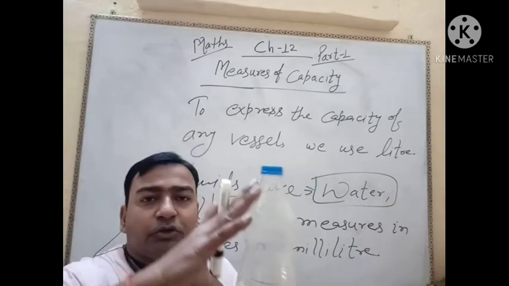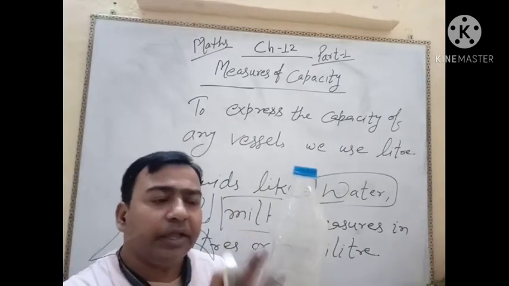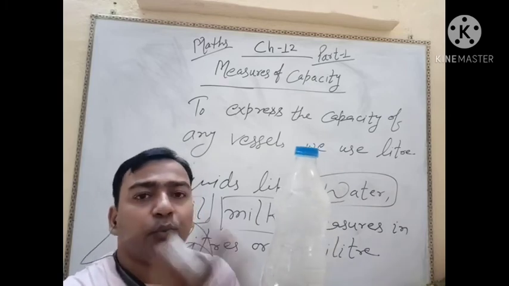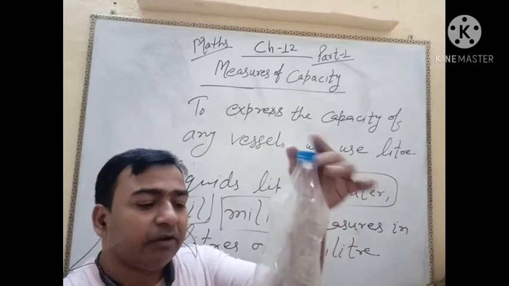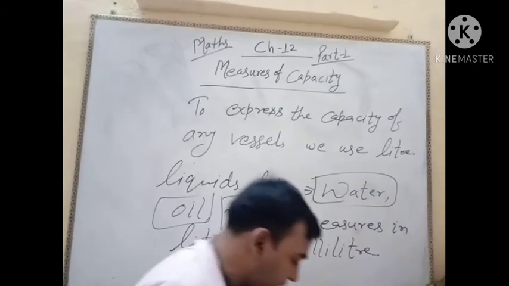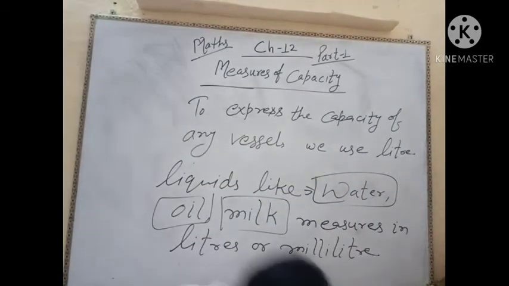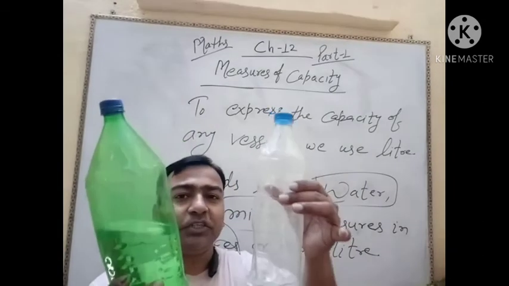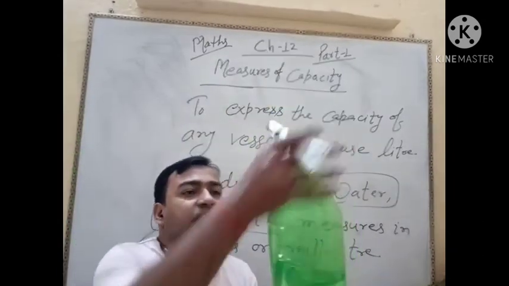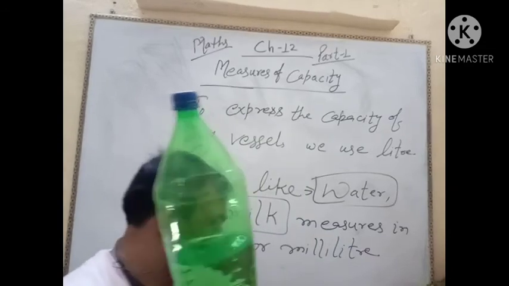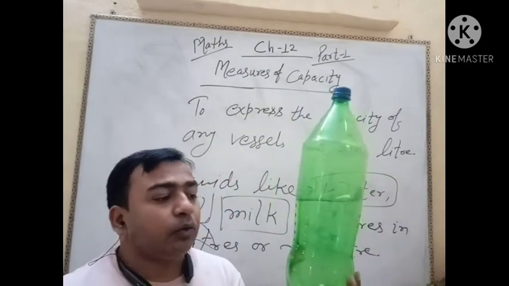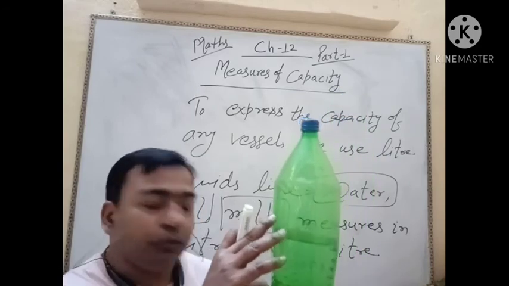It means this bottle can hold any liquid in an amount of 1 liter. Suppose this is a bigger one as compared to this, so the capacity of this bottle is 2 liters. It means this bottle can hold liquid of 2 liters.